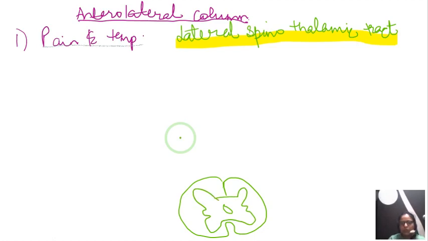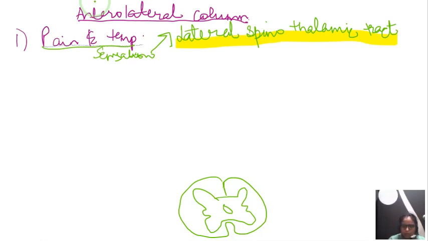This pain and temperature is the sensation which is carried by your lateral spinothalamic tract. Now we will see how.